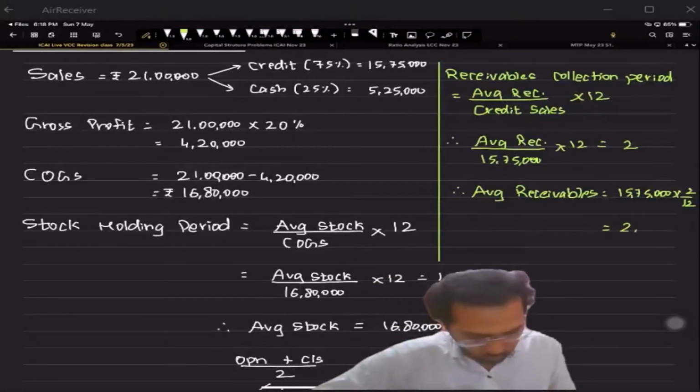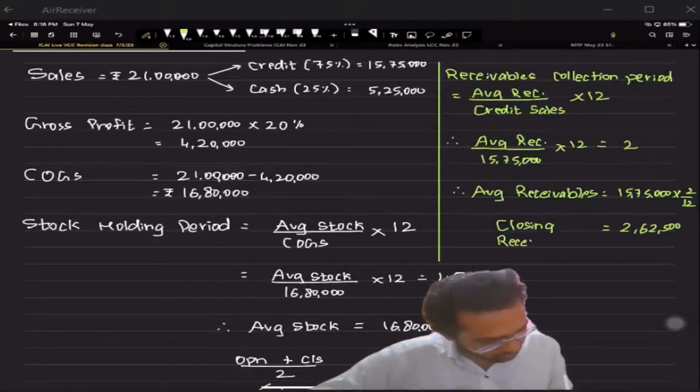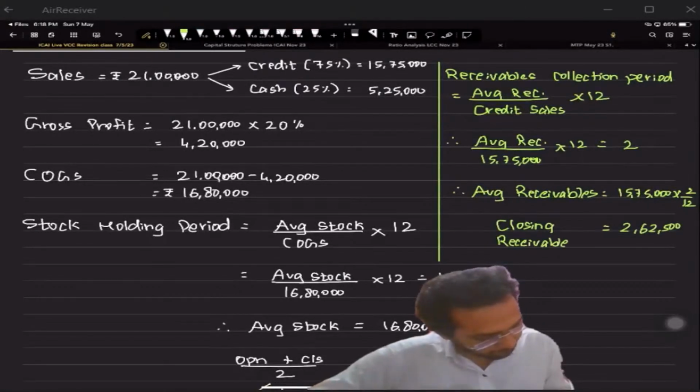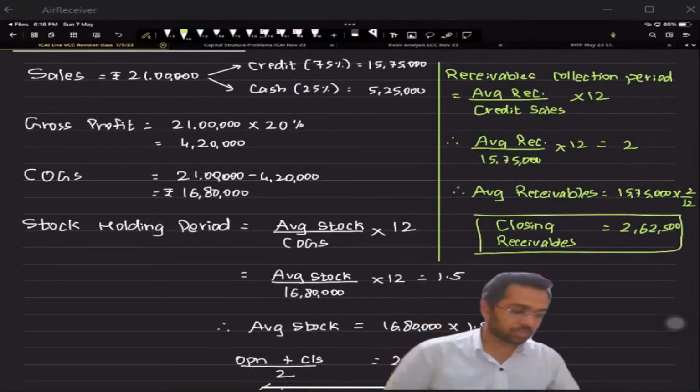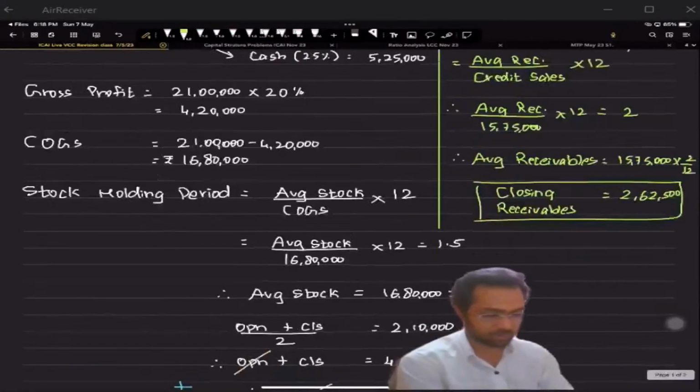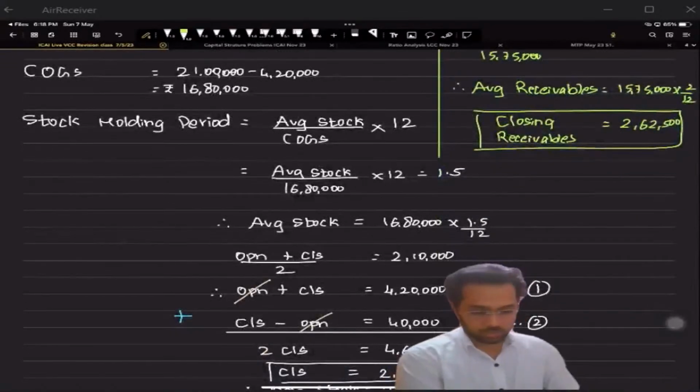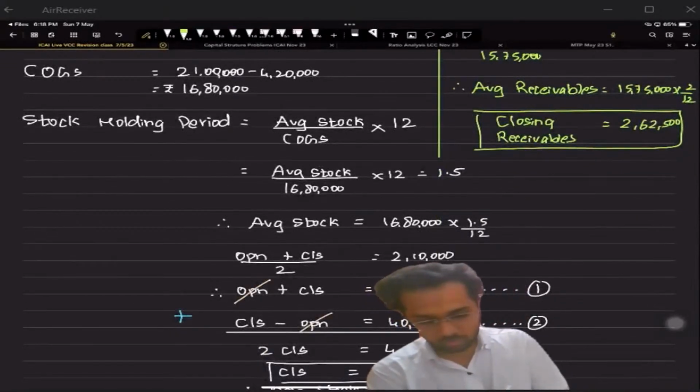That gives us 2,62,500. And this itself is going to be your closing receivables of 2,62,500.